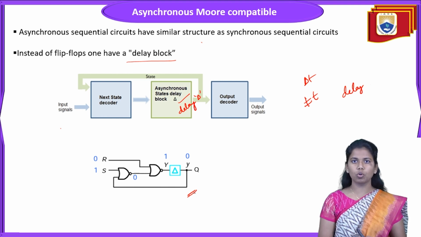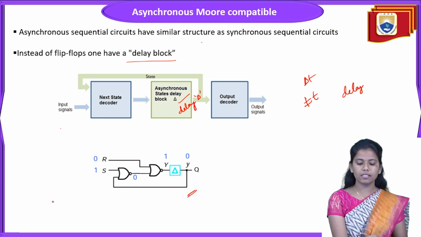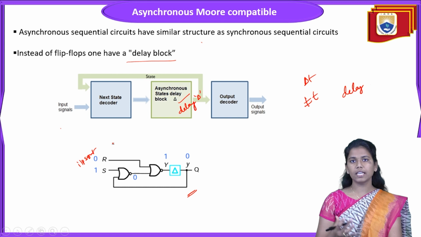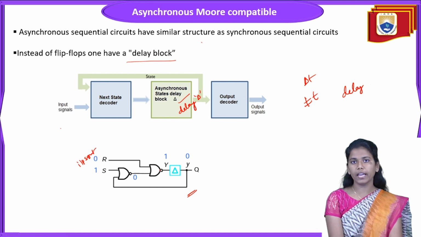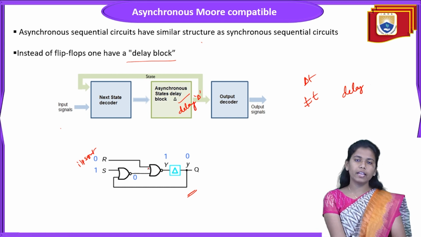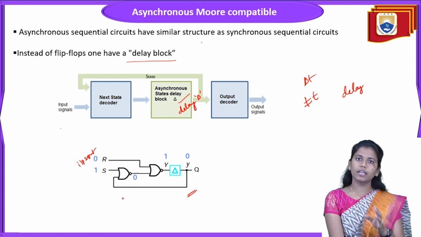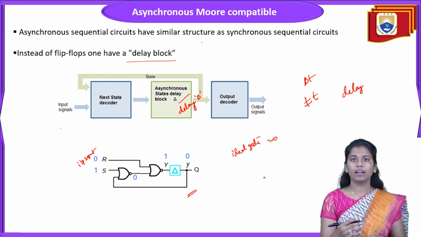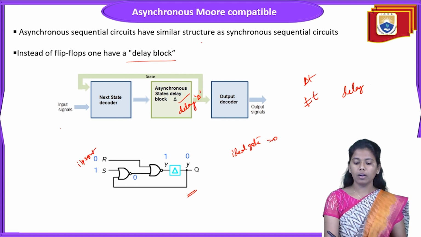Previously we have discussed this. So here this is an SR latch that we are considering. In this SR latch, the input signals are given as 0, 1. Then the next state decoder goes on with the gates. We see the gate delays. The gate delays are initially ideal gates, where the value is 0, and we are also considering some delays.